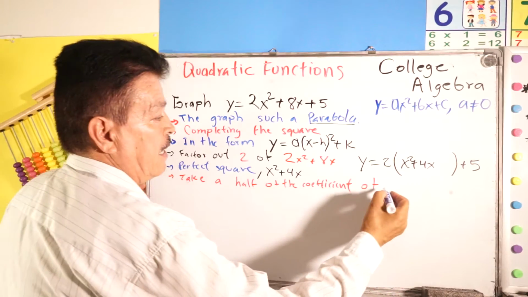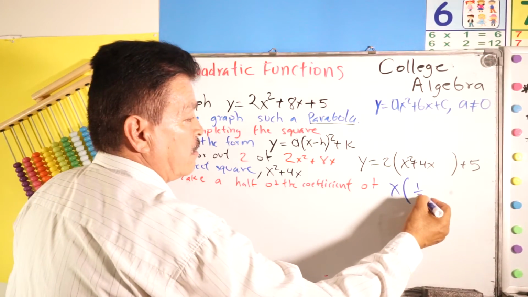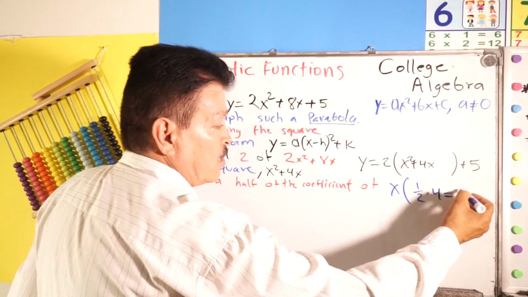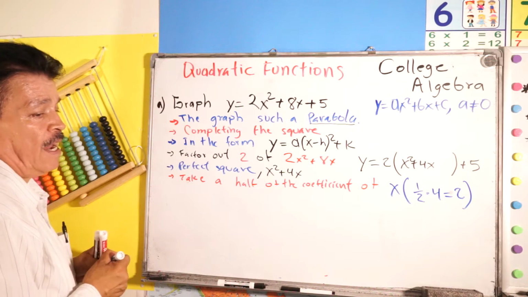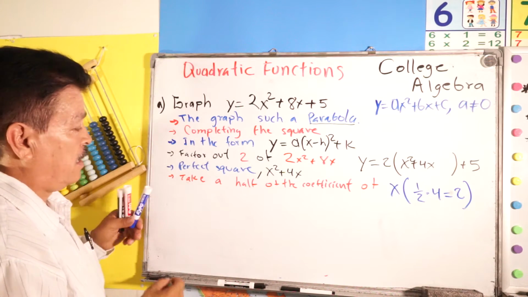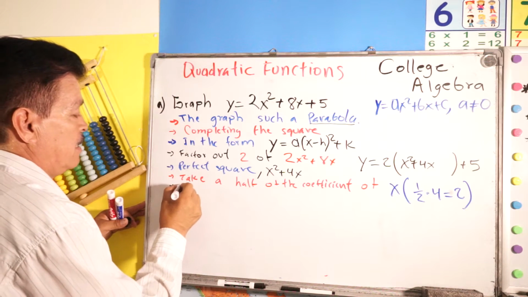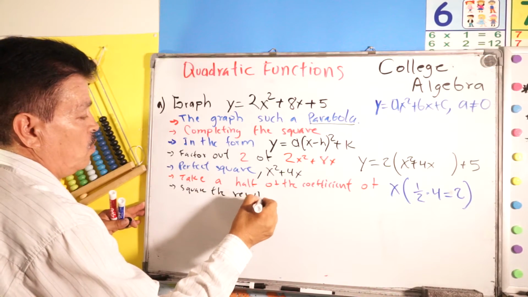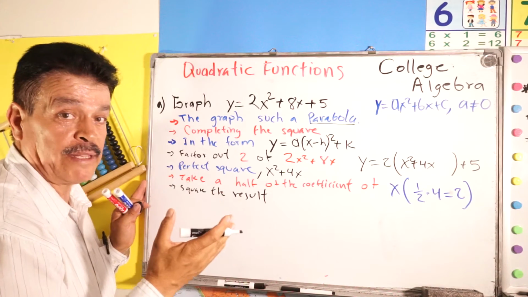In this case the coefficient of x is 4, so one half times 4 equals 2, right? And square the result. Remember, we are collecting all the data to make the graph.